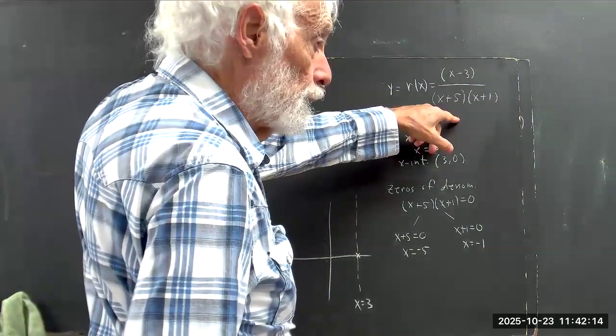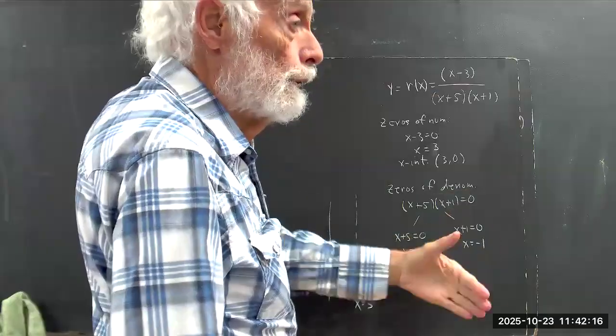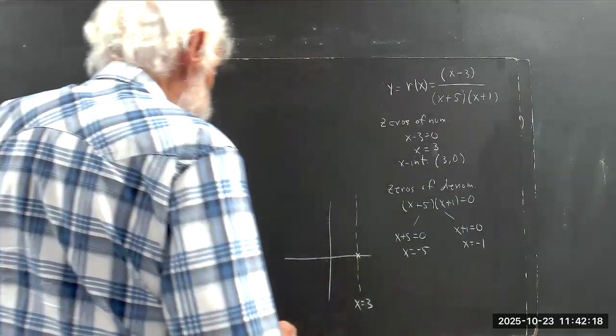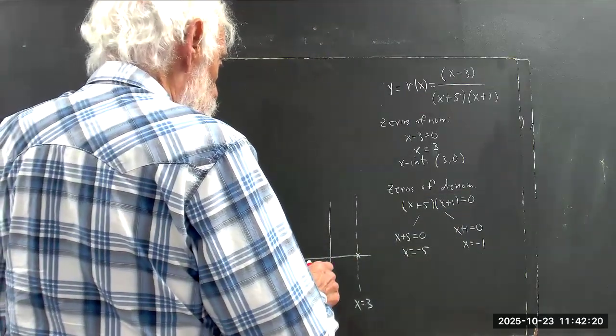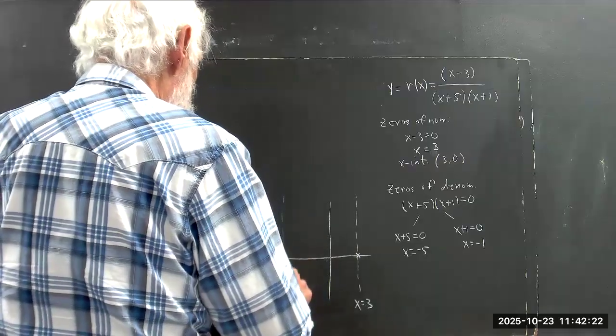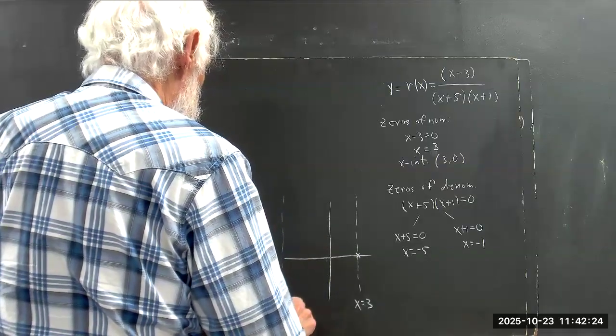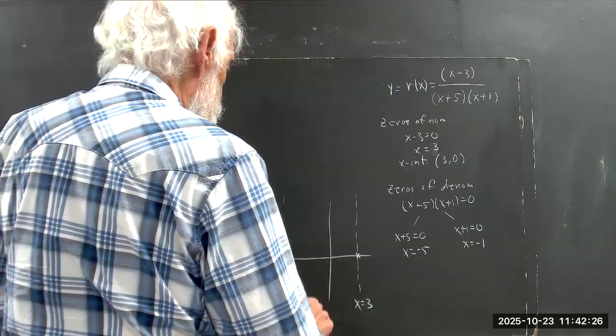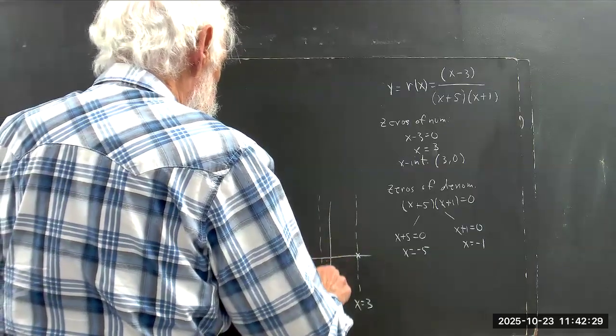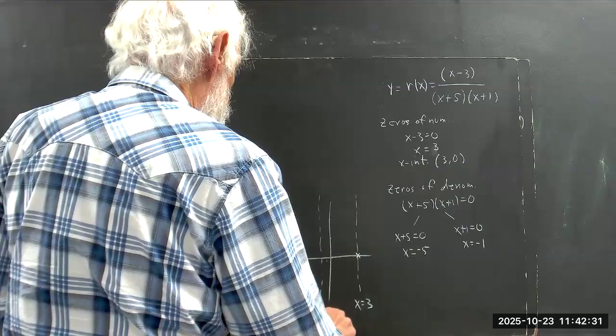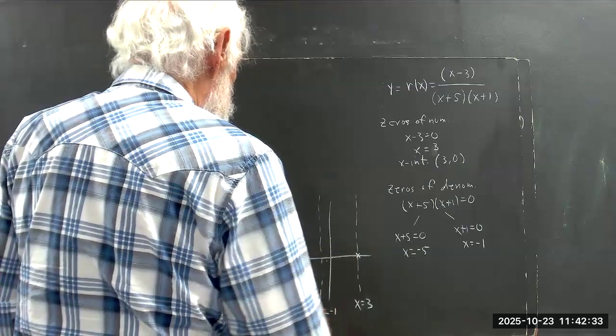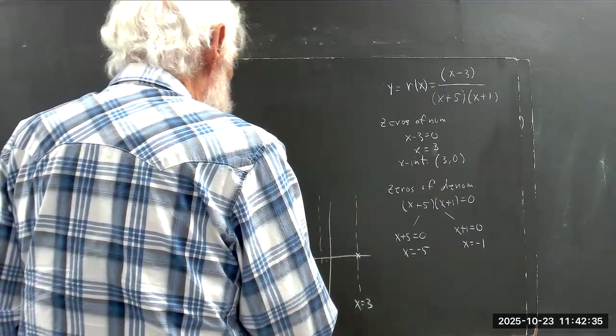Now, when the denominator is 0, as long as the numerator isn't 0, you're going to get a vertical asymptote. So we'll say x equals -5 is about here, and x equals -1 is about here. And these are going to be vertical asymptotes.